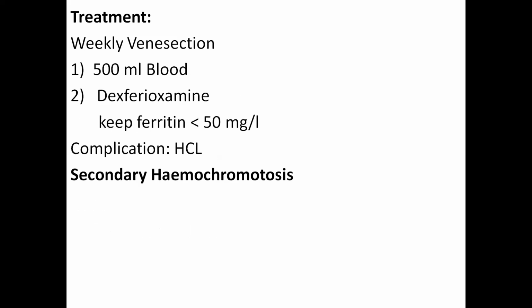Now treatment. Weekly venesection, which means phlebotomy, means blood is removed from the patient weekly. How much? 500 ml of blood is removed, and that will remove 250 milligram of iron. One pint of blood contains 500 ml, and if that is removed, that will remove 250 milligram of iron.